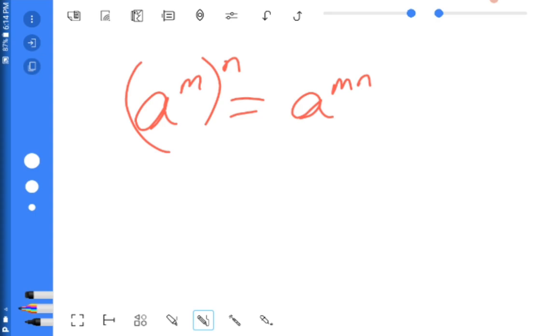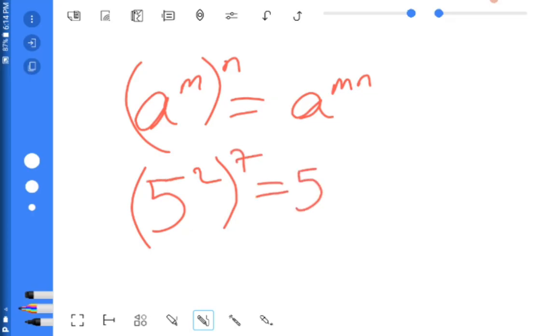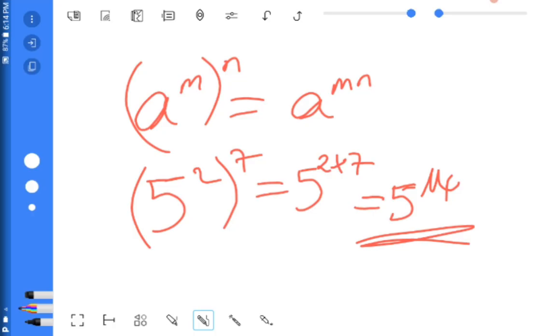Anytime you have a number, let's say 5 squared, all this to the power 7, is the same as 5 to the power of 2 times 7. So the power now is 2 times 7, which is 5 to the power 14. And work is done.